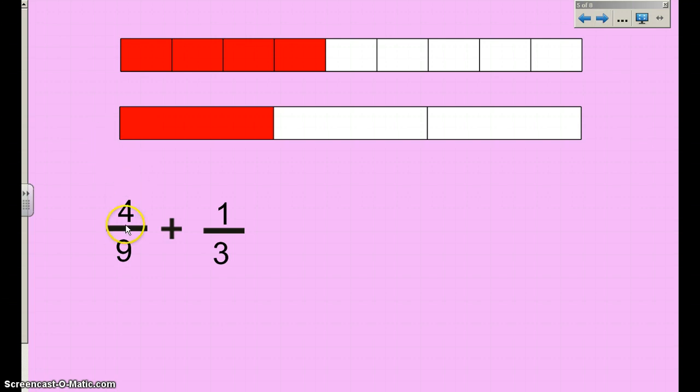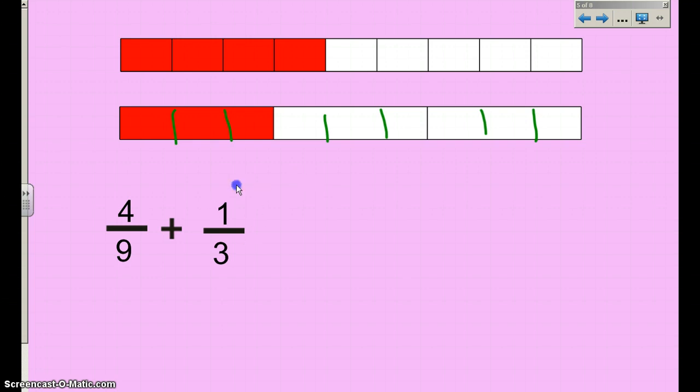Okay, so now I'm looking at 4/9 plus 1/3. Okay, I'm going to look up here and see, can I change my thirds into ninths? And it looks like I can. So I'm just going to go ahead and use the lines at the top as my guide and make my thirds into ninths.